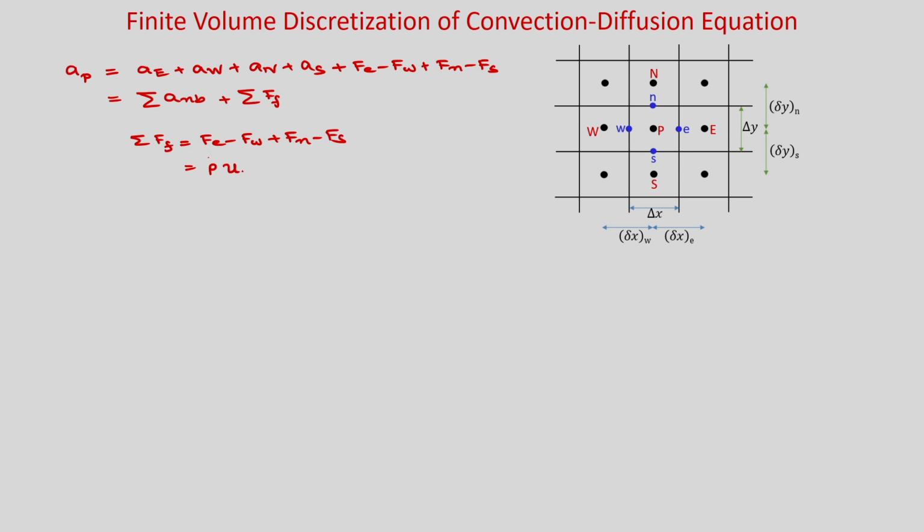Fe is rho Ue Ae. Ae is your delta y. Minus Fw, which is rho Uw delta y, plus Fn, which is rho Vn, and the area is delta x, minus rho Vs into delta x, and this is the net mass outflow from the cell P. Okay, net mass outflow from the cell P. So, you can see that if your flow field satisfies the continuity equation, then the summation of Ff will become 0.